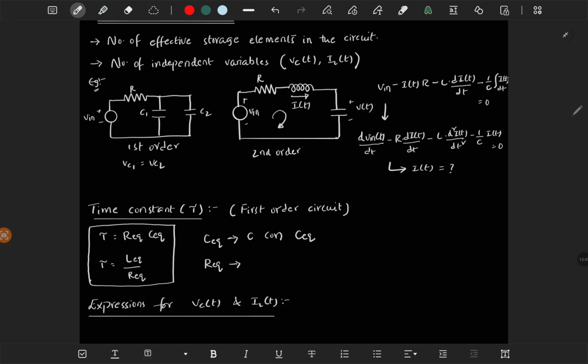And what is R equivalent? R equivalent is the effective resistance seen from the capacitor terminals. What is meant by effective resistance seen from the capacitor terminals?